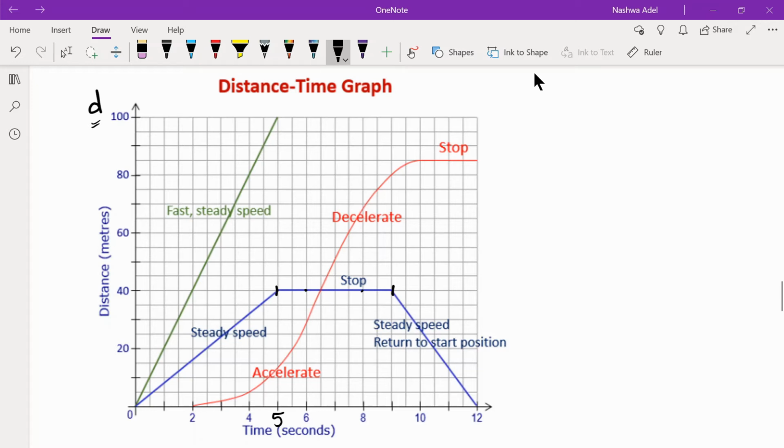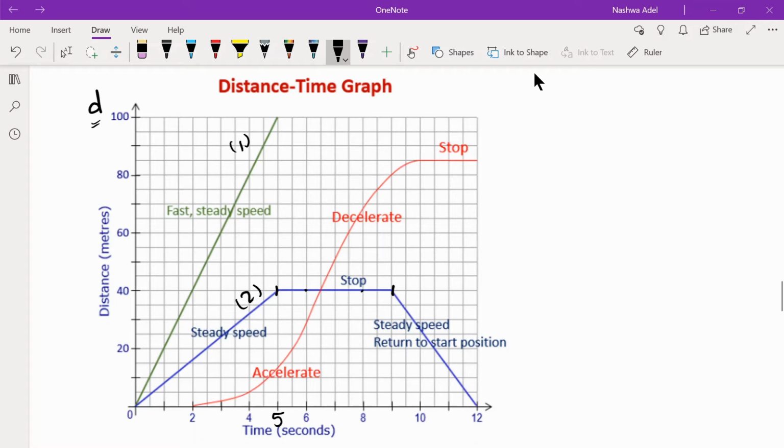Okay? After that, the object starts to return back from the point 40 here, moves down here to the point 0. So here it is also a steady speed, while in the opposite direction. Okay, so we finished now the green one and the blue one.